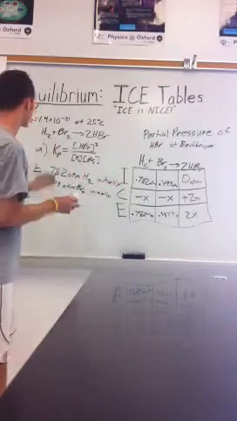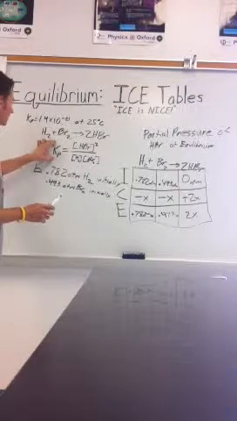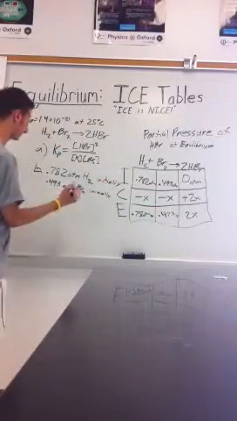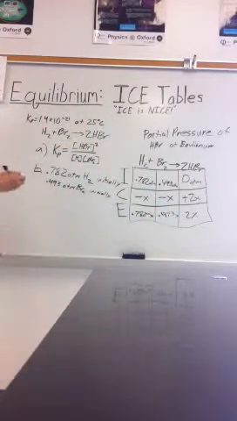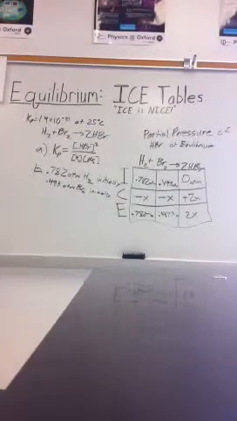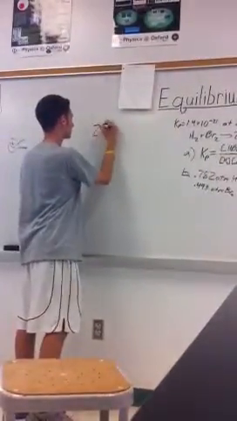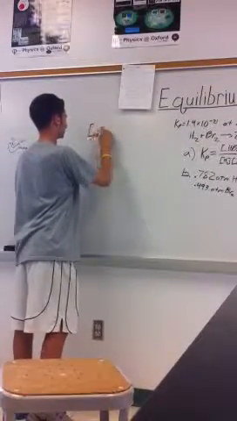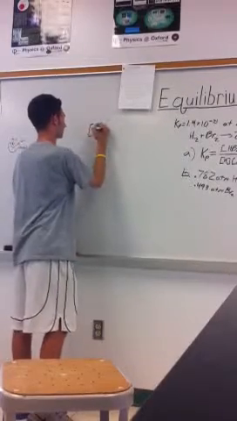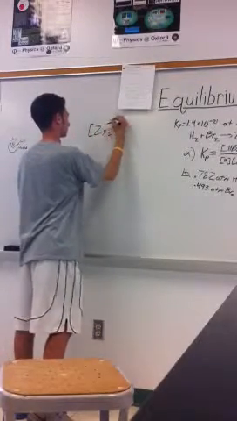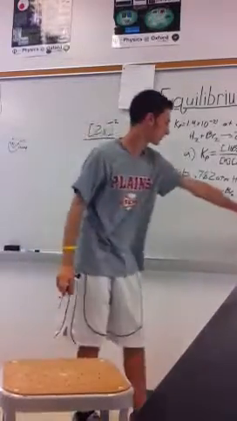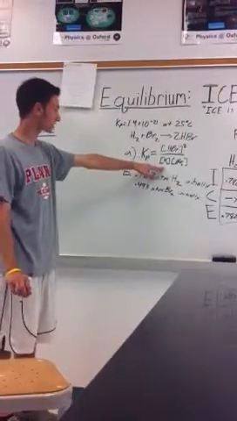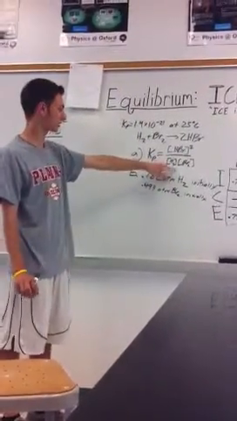So what you do is you use your Kp expression and you set this HBr squared. So down here it's 2x squared over 0.782 and 0.493 in the bottom, like the Kp expression right here. There's only 1 mole of each, so the exponent is just 1.